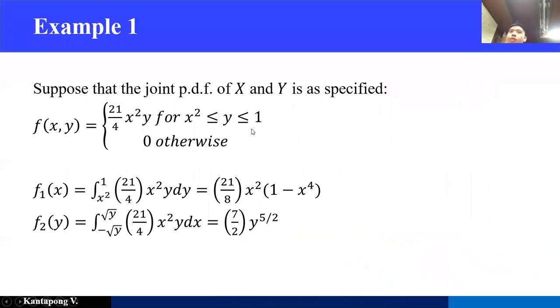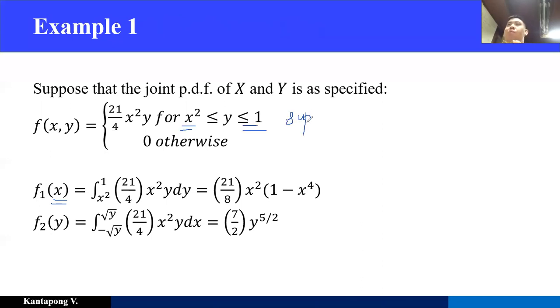Let's go to the next one. For example, we have the joint like this. The first thing is that if we want to find the marginal, we have to take the integration. So for f1 of x, we have to get rid of y. That is, we have to integrate over all possibilities of y, that is y between x squared and 1.